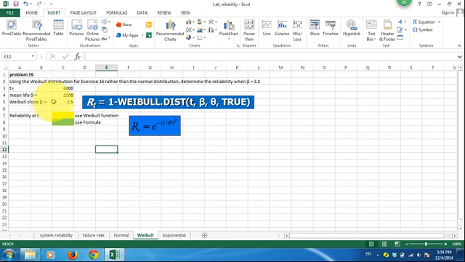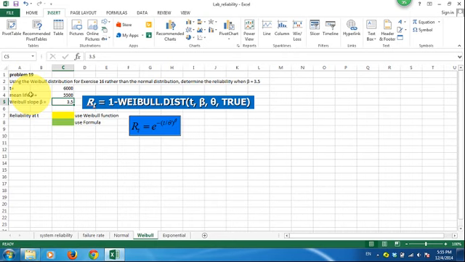So the beta value is 3.5. Still, this t is 6,000. We still want to find the probability that the part will last longer than 6,000 cycles, and the mean life is still 5,500 cycles.